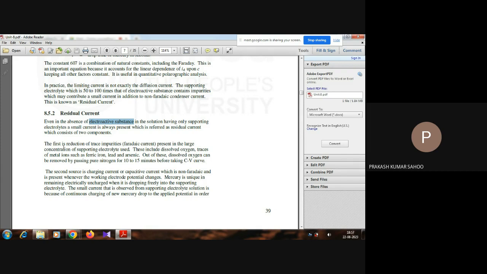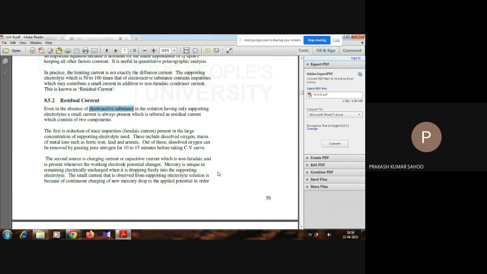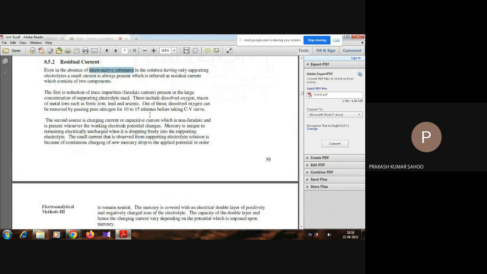So the first is reduction of trace impurity, that is Faraday current, present in the large concentration of supporting electrolyte used. These include dissolved oxygen, traces of metals such as ferric, lead, arsenic. Out of these, dissolved oxygen can be removed by passing pure nitrogen. So due to presence of impurities, Faraday current is there, and it is symbolized as IF in our voltammetry part.